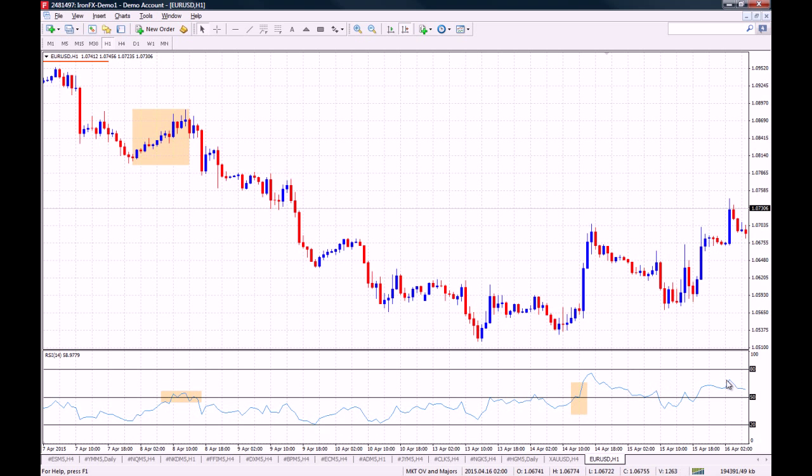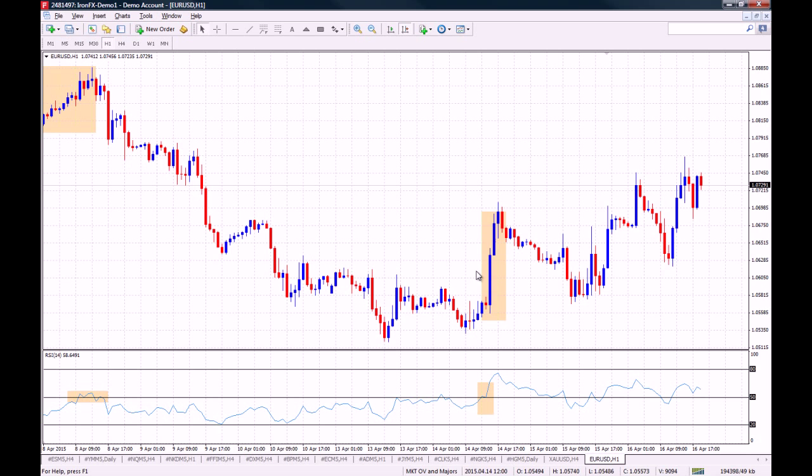This is called the bull territory, and below the 50 level is called the bear territory. When the RSI crosses abruptly with the 50 level, you can see that on the price action, the trend has shifted to the upside. At least the immediate trend has shifted to the upside.